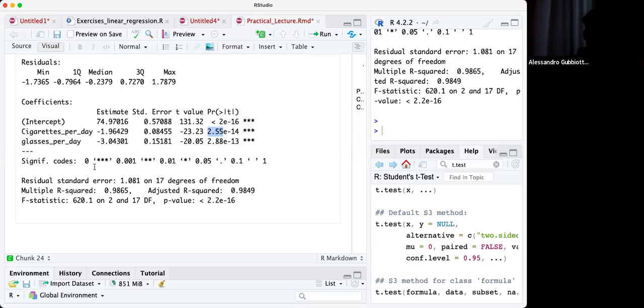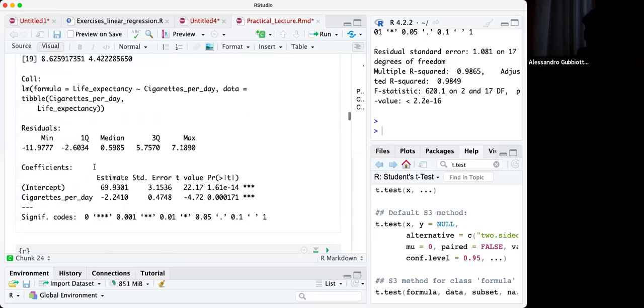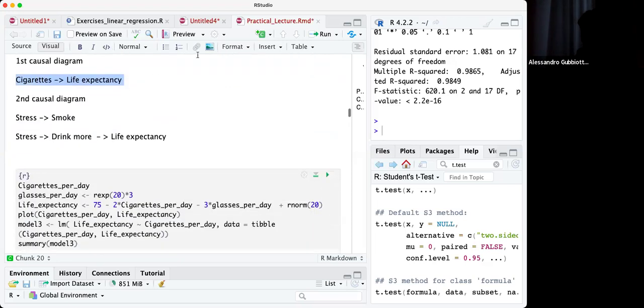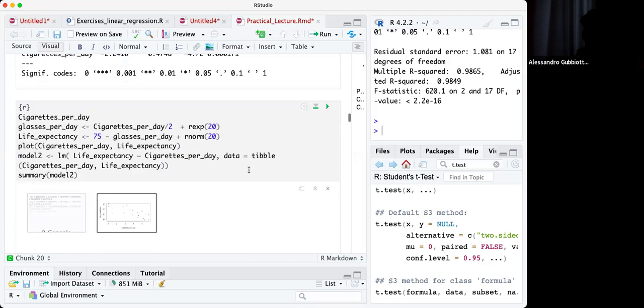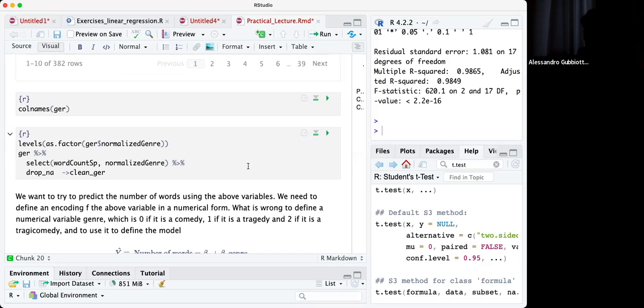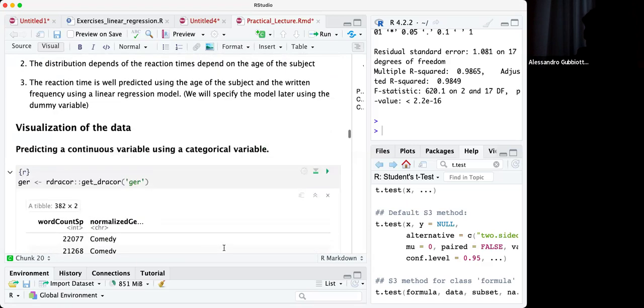In this case, it is more likely that the first diagram is true, because cigarette is still significant. This is called adjusting for confounders. Simply, you take data also on the confounder you think plays a role. So you have a guess, you take data and you use a linear regression.